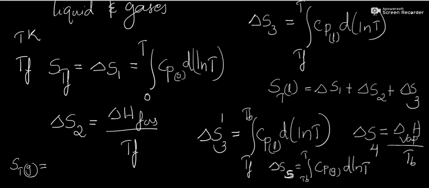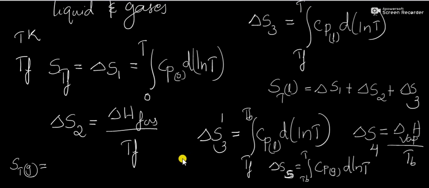Then if we want to calculate the absolute entropy of the substance in its gaseous state at T Kelvin, then step 3 is done as delta S3 dash.